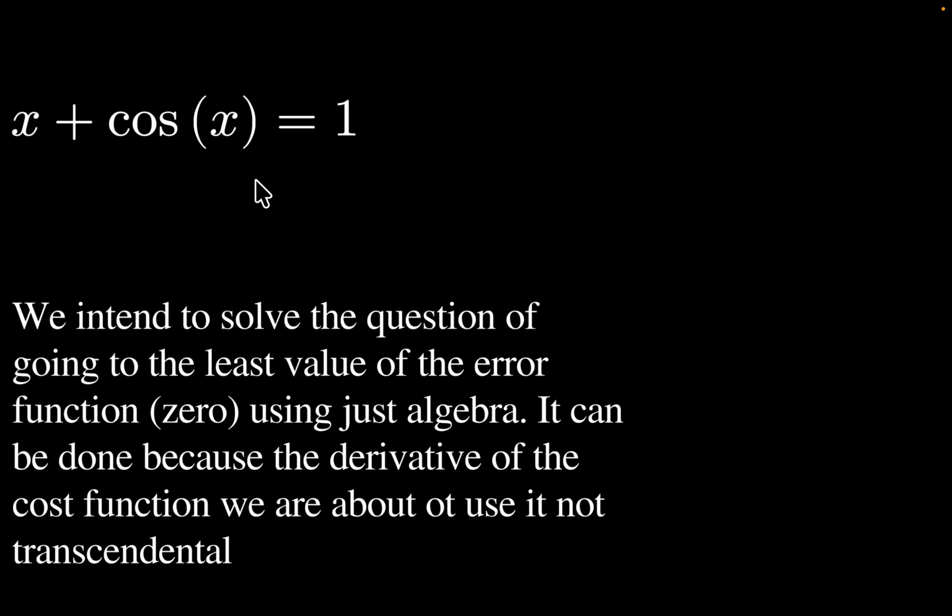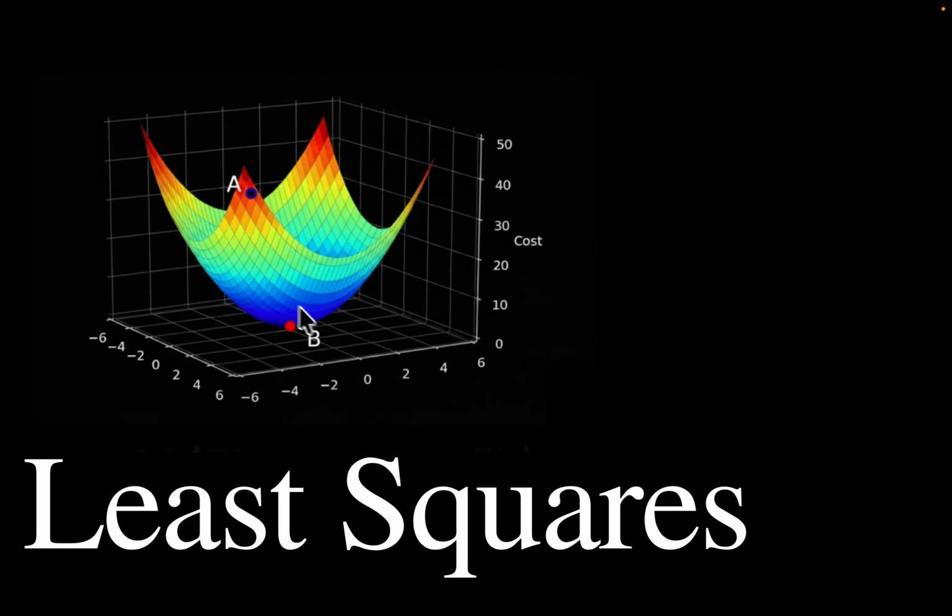We use gradient descent to solve them, but because of the simplicity of linear regression, we can use a certain method called the least squares method that lets us jump, on the graph of the cost function, from this point A, a random point of the function, straight to the global absolute minimum, the best fit value of parameters.